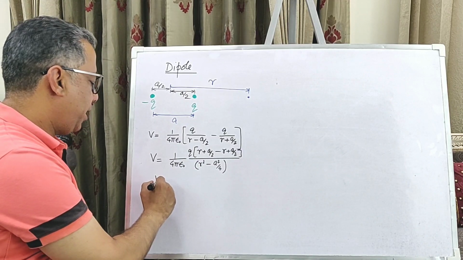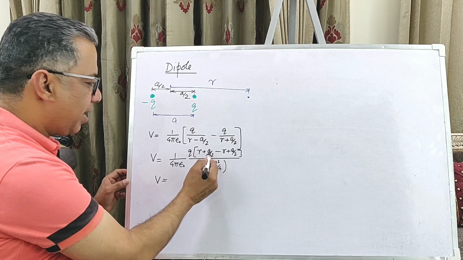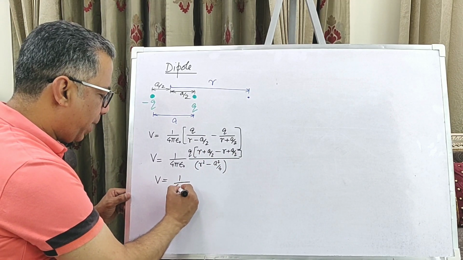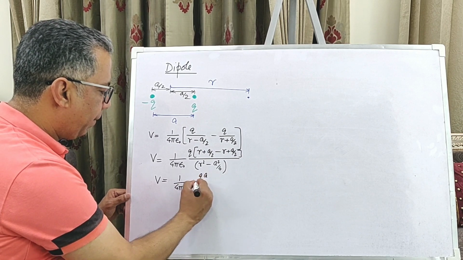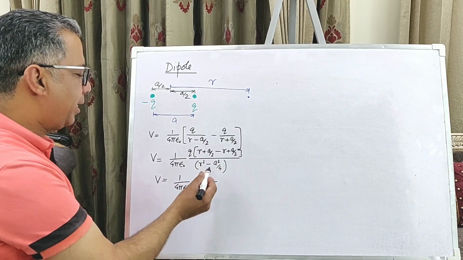So this potential V comes out to be, the R cancels, and A by 2 and A by 2 add up to A. So we have 1 by 4 pi epsilon naught Q A by R square minus A square by 4.